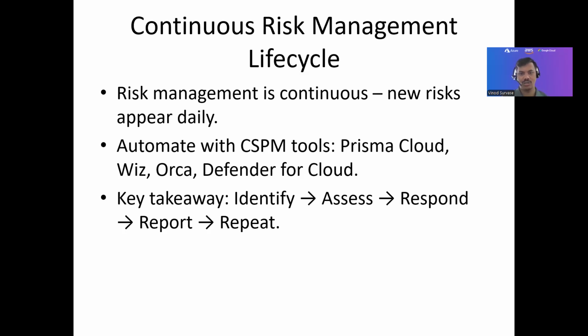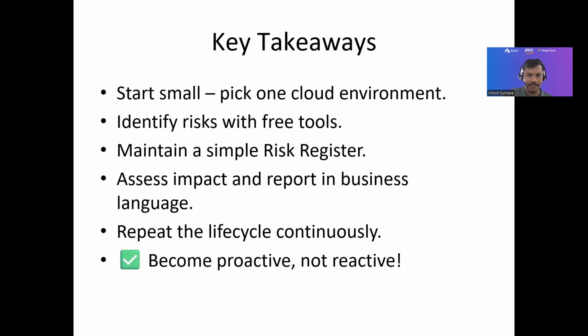And it is a continuous process where we want to do all the risk assessments and report it, communicate it and do the right set of implementation as well, including automating using CSPM tools like Prisma Cloud, Wiz, Orca, Defender for Cloud. And the simple and straightforward takeaway is something like identify those, then assess, respond to it, report it, and repeat the process, right? So this is how it is going to be the continuous complete life cycle.